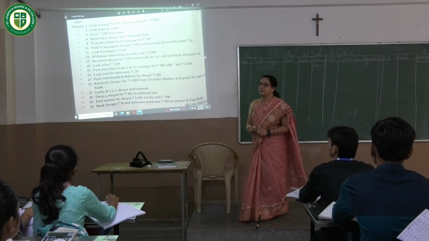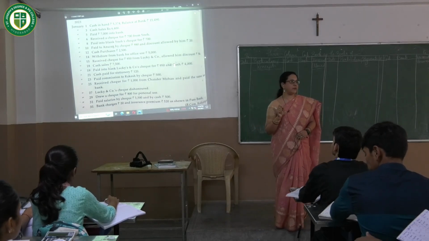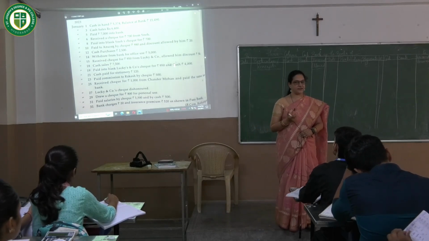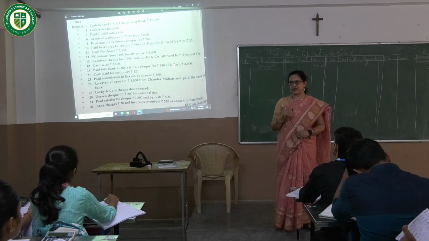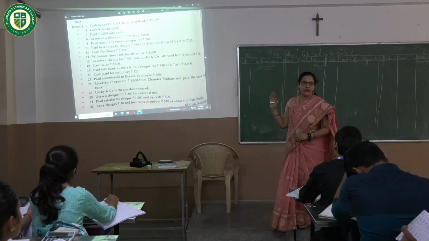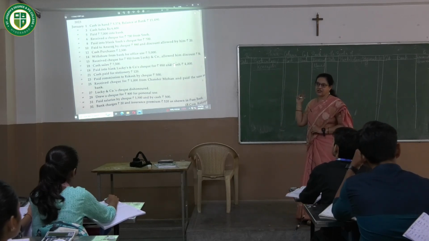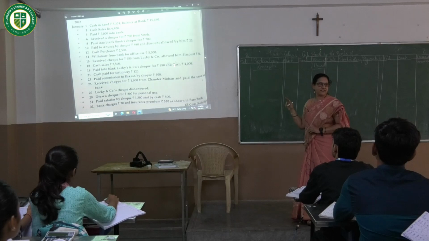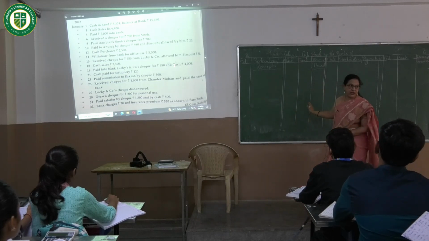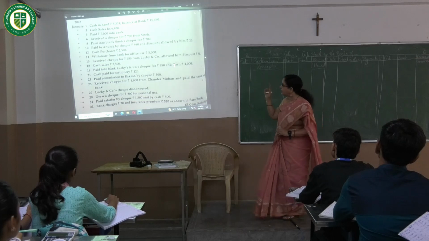We have to take only those transactions which involve cash, wherein either there's a receipt or a payment of cash. Only those transactions will affect our cash book. Transactions such as credit transactions do not affect your cash book. This is a major point which we have to keep in mind.